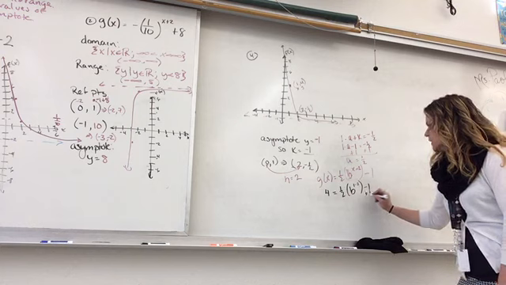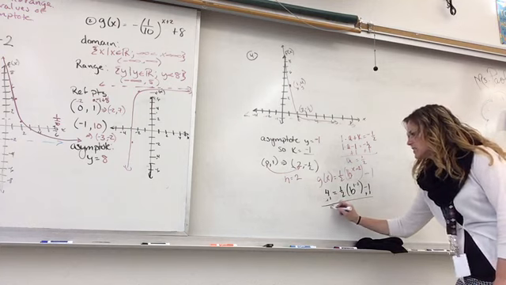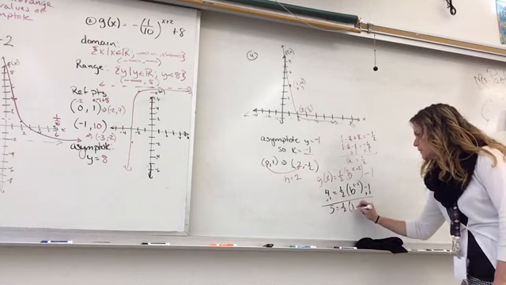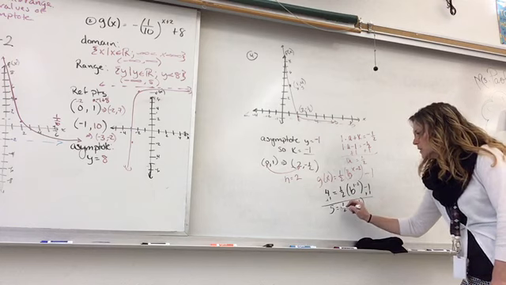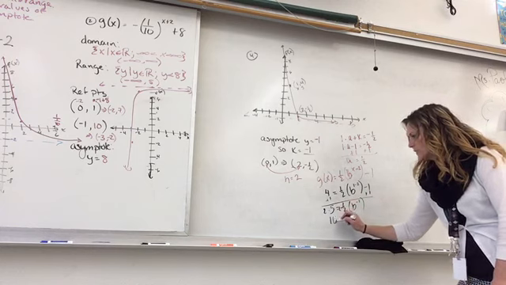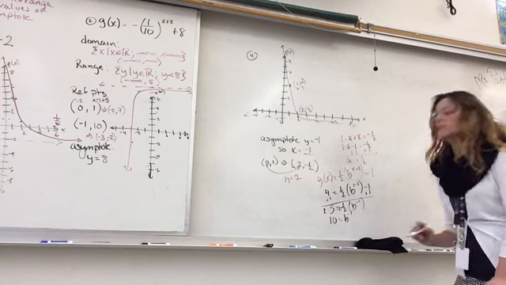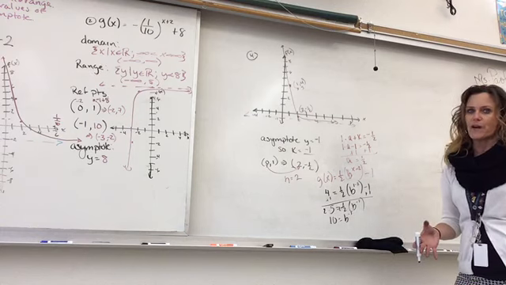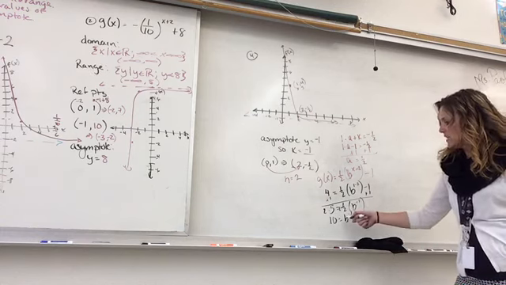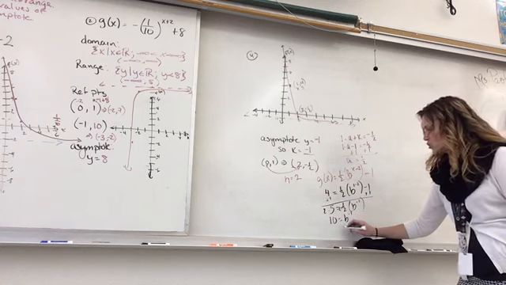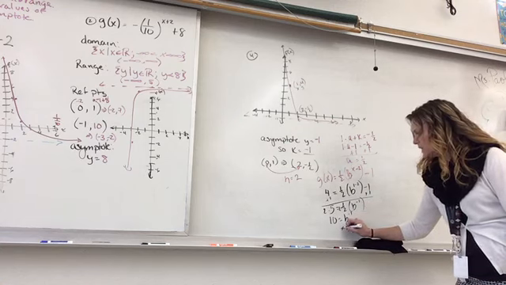Now, I'm going to add the 1 both sides. It gives me 5 equals 1/2 b to the -1. Multiply both sides by that 2, so I've got 10 equals b to the -1. Now remember, b is supposed to be a fraction, so we should be getting b to the -1 each time. So that's 1 over b equals 10.